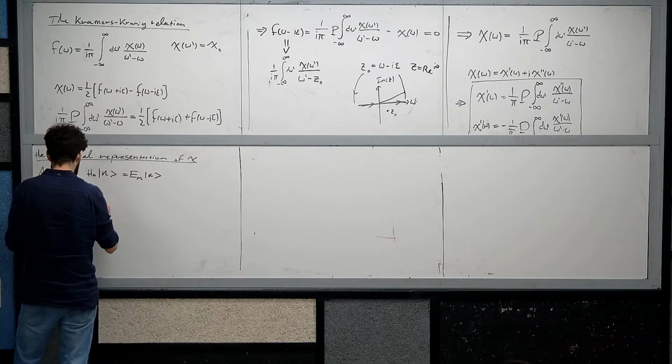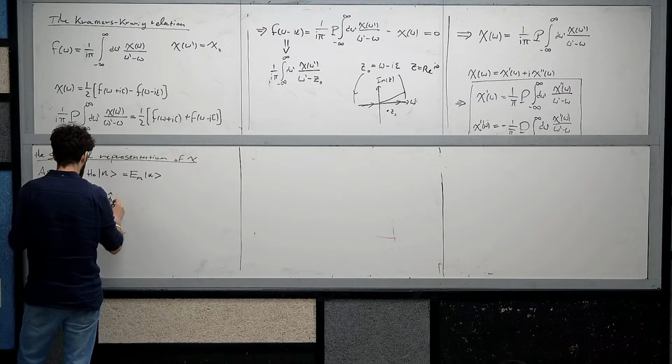So we've defined this to be one half the expectation value of phi hat alpha of t phi hat beta of 0.